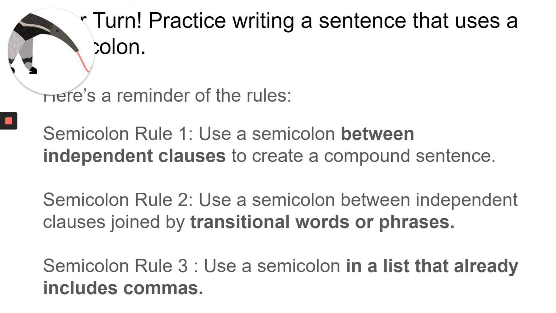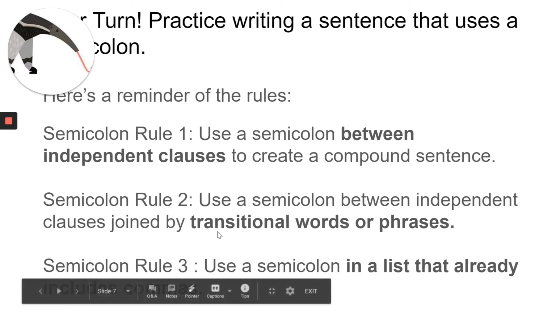Rule number 2, use it between your independent clauses joined by transitional words or phrases, like however, furthermore, words like that. And then you can use it in a list that already has commas. So instead of having 100 commas, you can separate the bigger categories with the semicolon and the smaller categories with the commas.